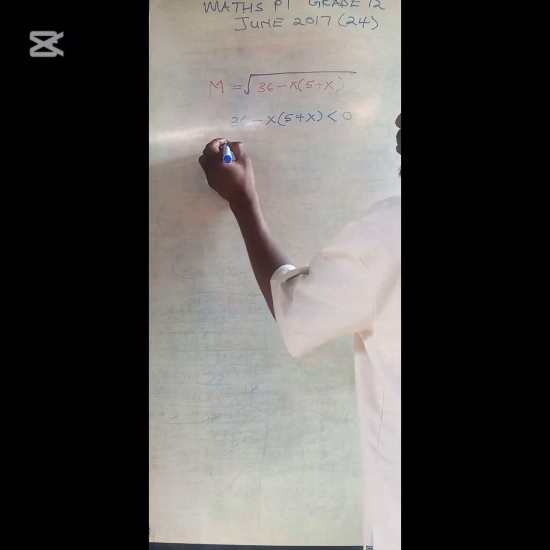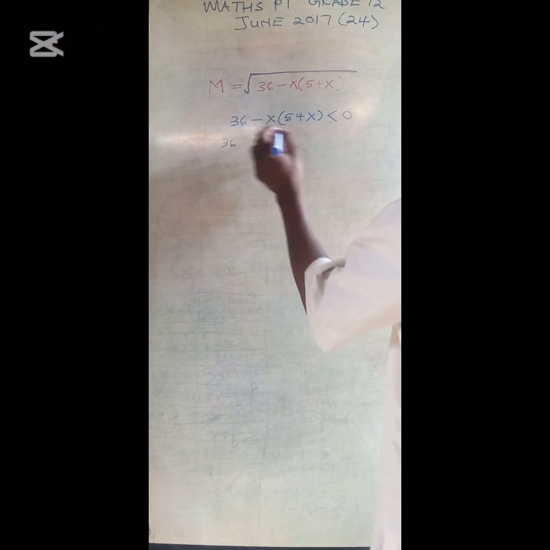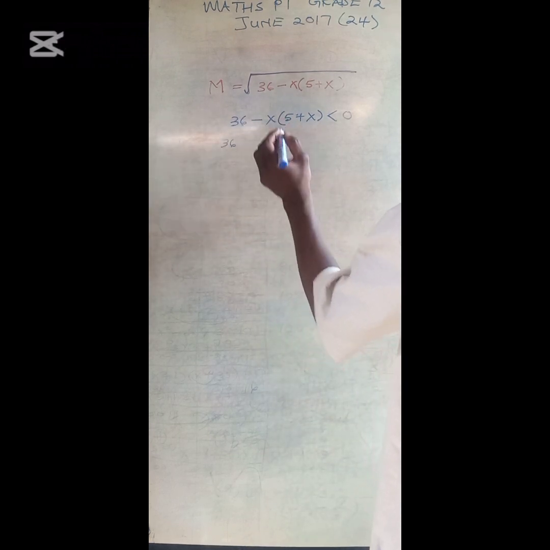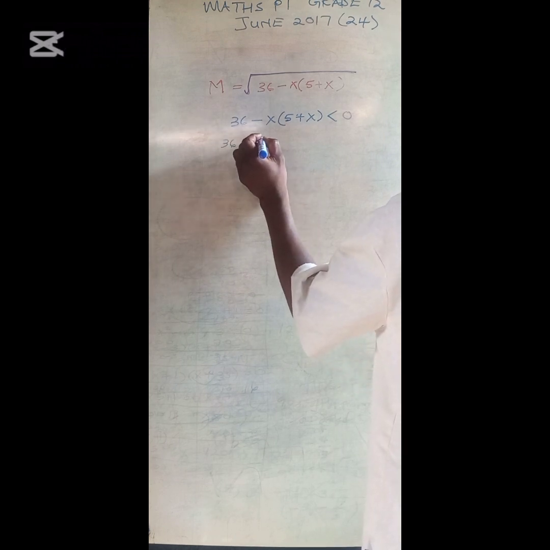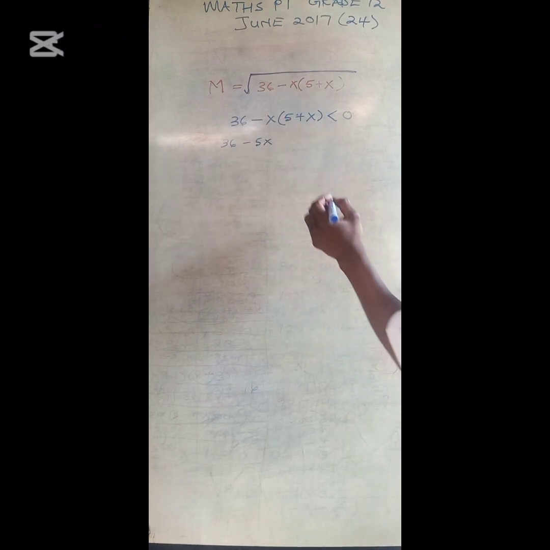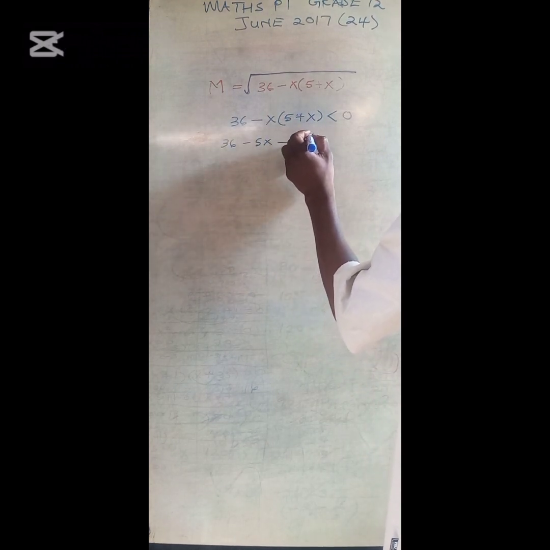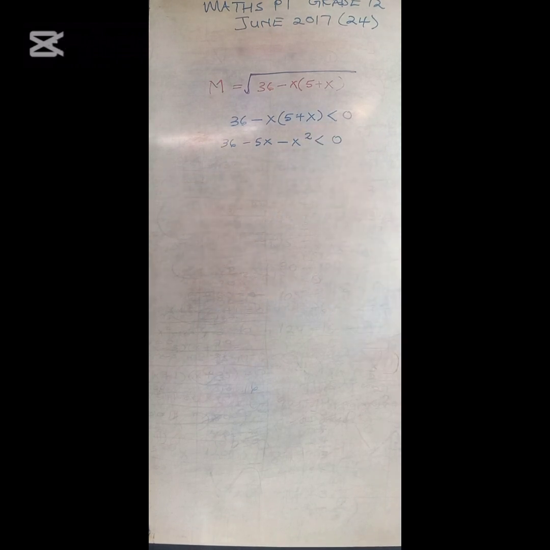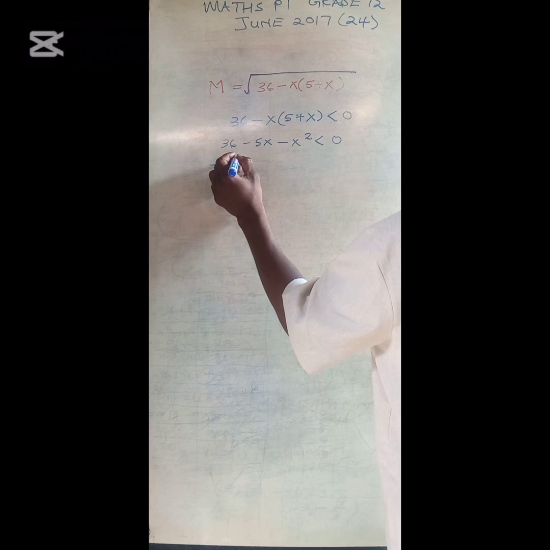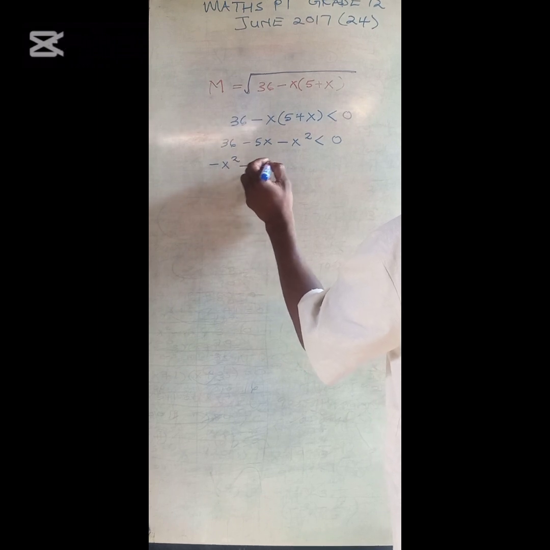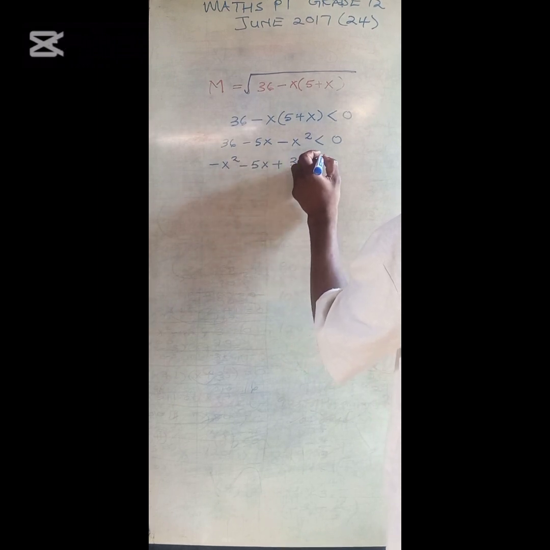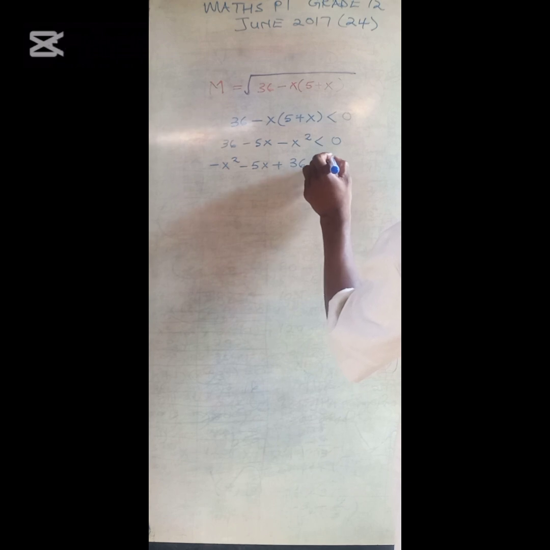All right, so we have 36, negative x by 5, it's minus 5x. Negative x by x is minus x squared, must be less than 0, right? So basically, we have minus x squared minus 5x plus 36 must be less than 0.